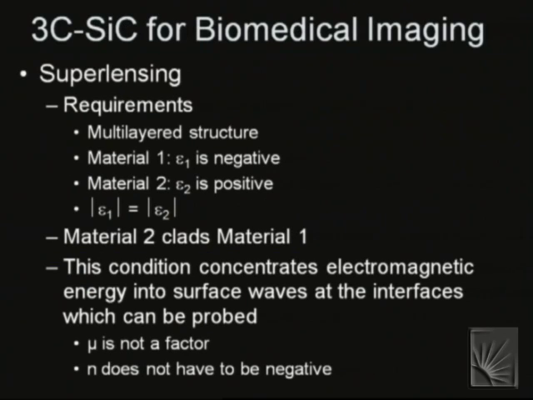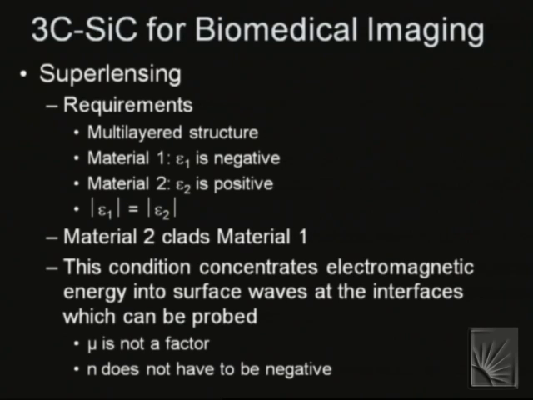He and I got together, and he postulated that we could build from a silicon carbide film a structure known as a superlens. A superlens consists of a material that exhibits this negative permittivity under the irradiation conditions, clad by another material that has the same permittivity but of opposite sign.